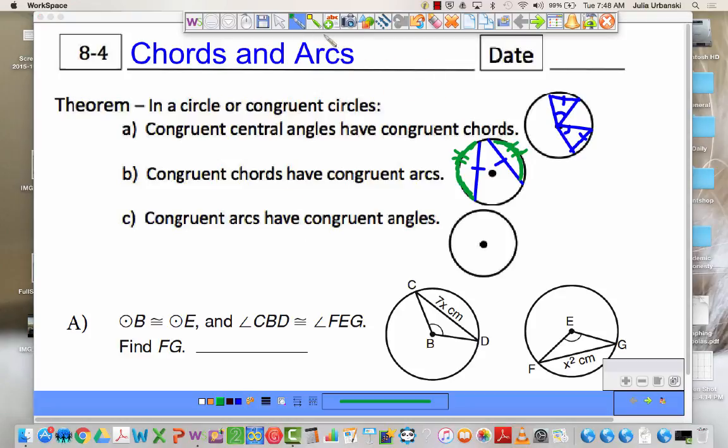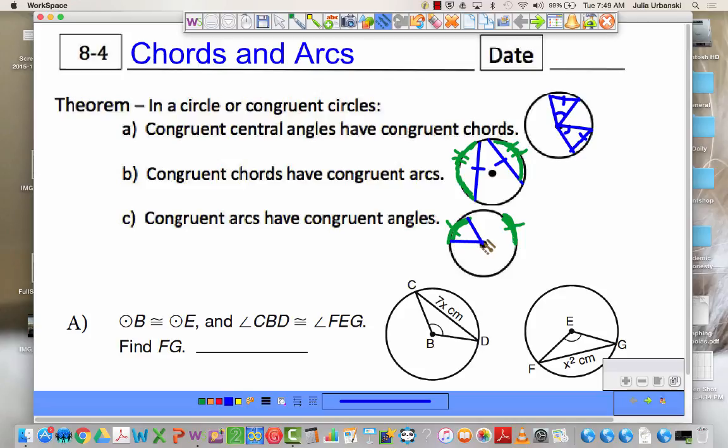And congruent arcs have congruent angles. That's just saying if you have any two congruent arcs somewhere in the circle, like this one is congruent to this one, then look at the central angle. If you start at this corner and draw the angle, it goes here, and you start at this corner and draw the angle, it goes here.